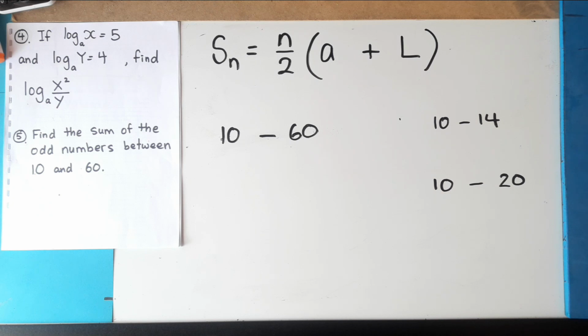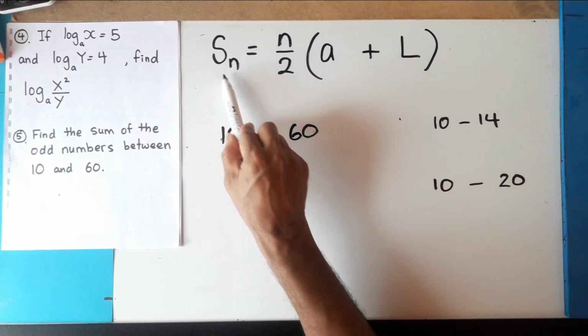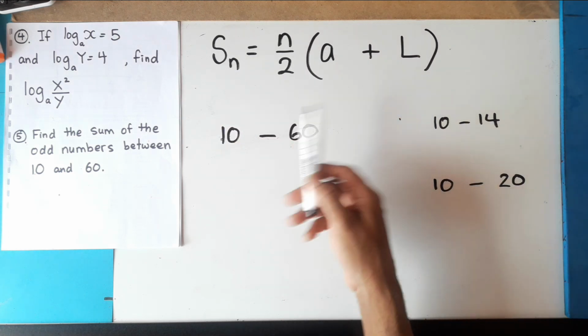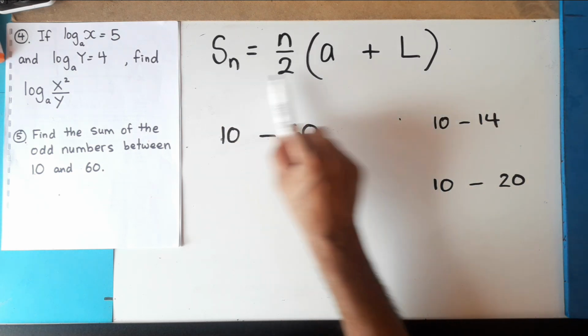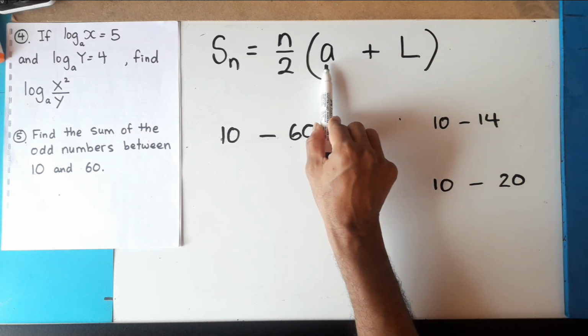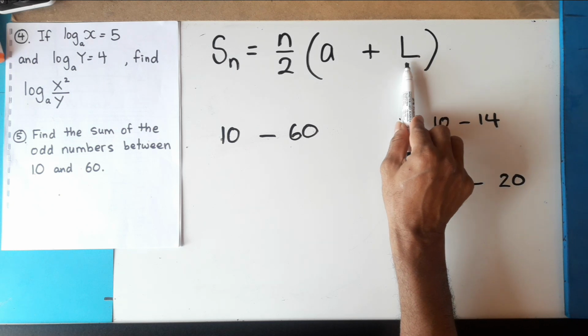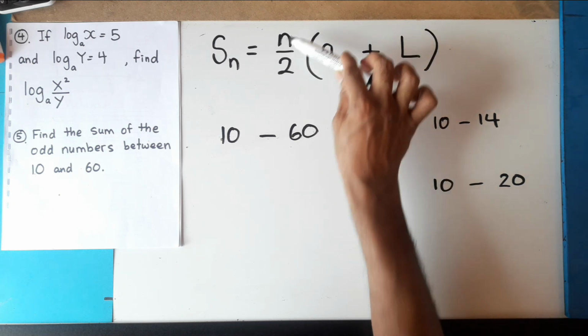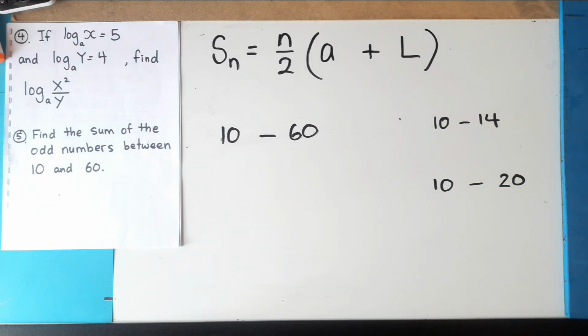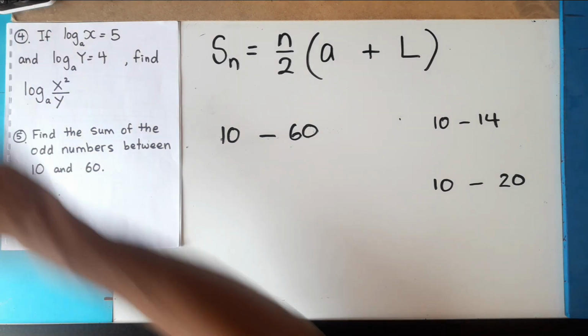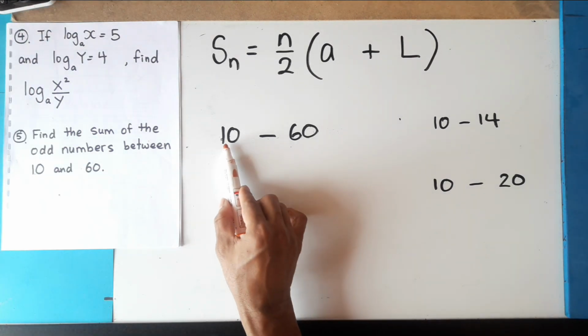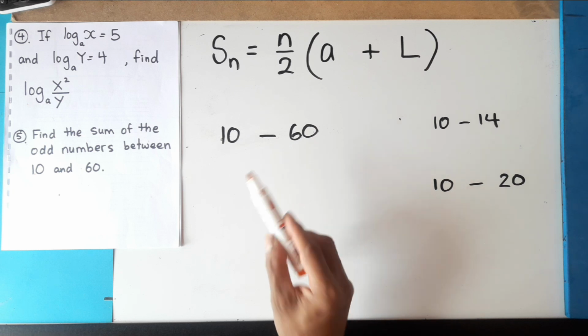I'm going to try to discuss the short way but reference it to the long way. If you want to find the sum of an AP, this is one of the formulas where you just need to know a, which is the first term, L, the last term, and n, the number of terms.